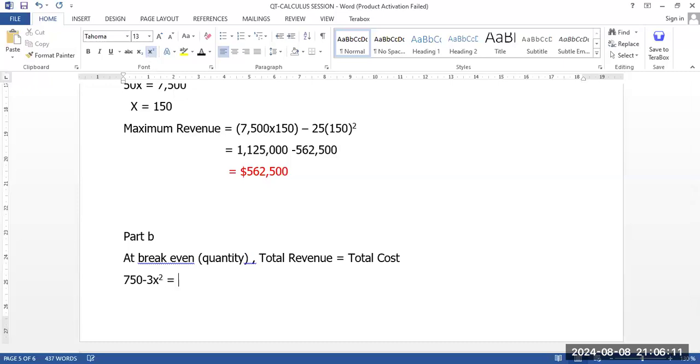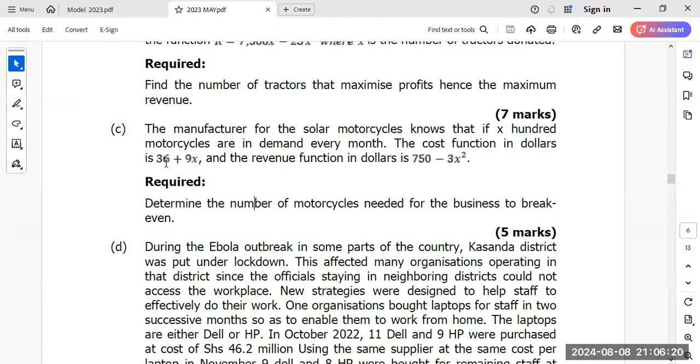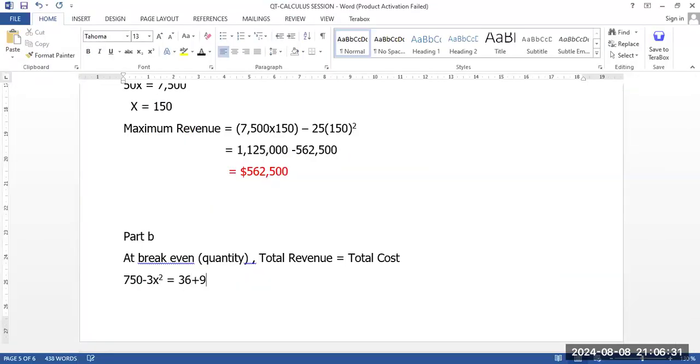We equate it to the total cost function. The total cost function is 36 plus 9x. So we can collect like terms. It depends how you want: you can take this function to the right, or bring this function to the left.